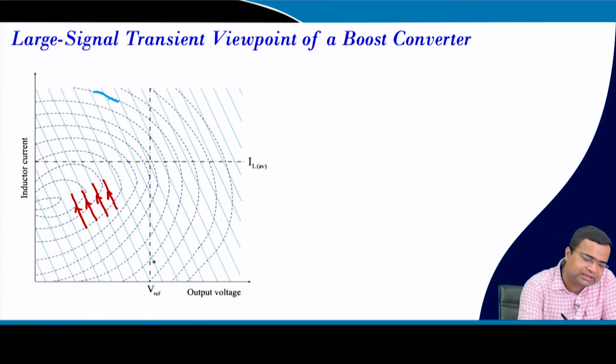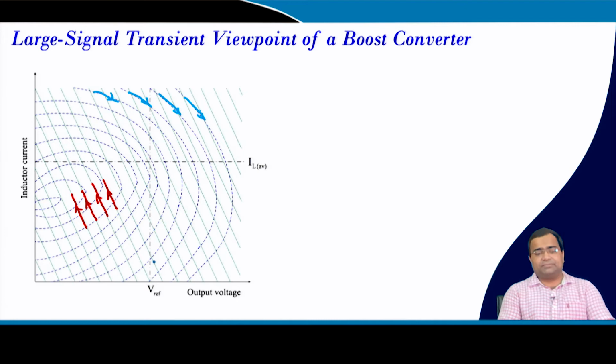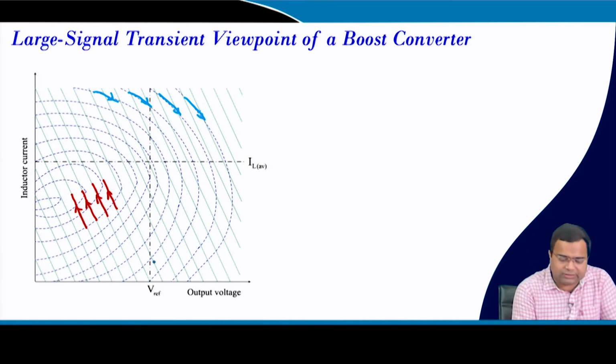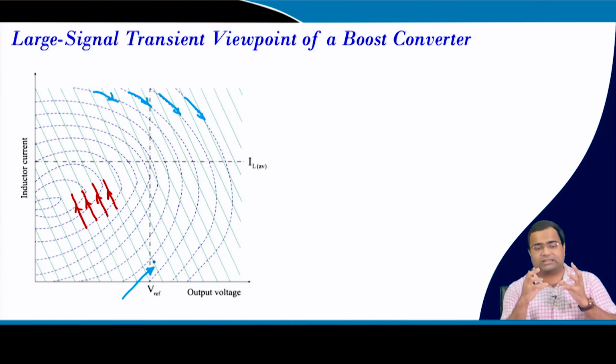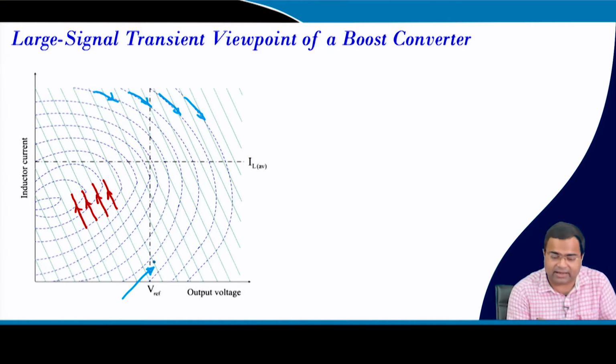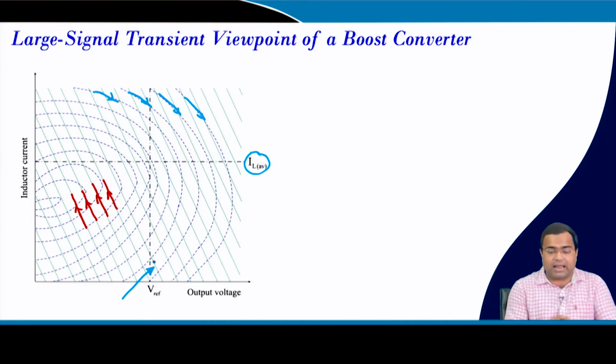This represents our off state trajectory vector field, and we have already discussed how to draw such vector fields. Now, this is my initial condition, and we want to reach the steady state point where the average inductor current is IL average and the average output voltage will be V rated. That is our steady state point.